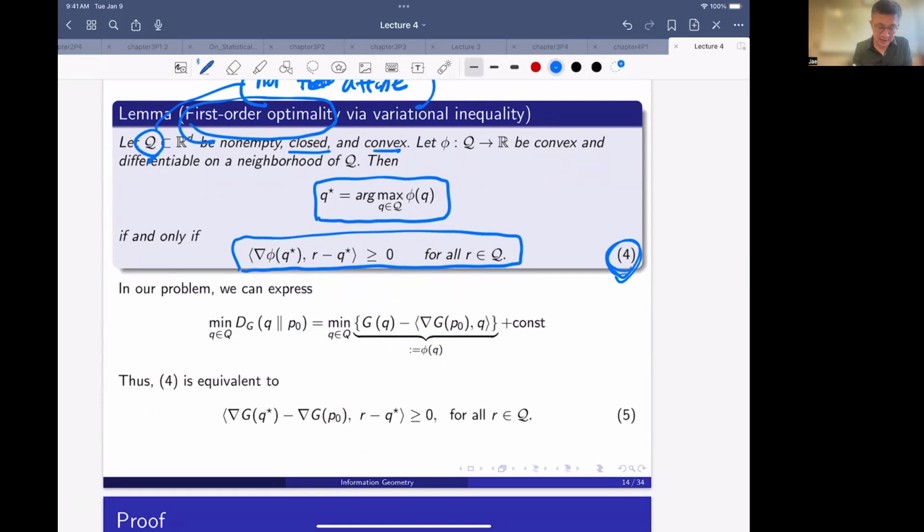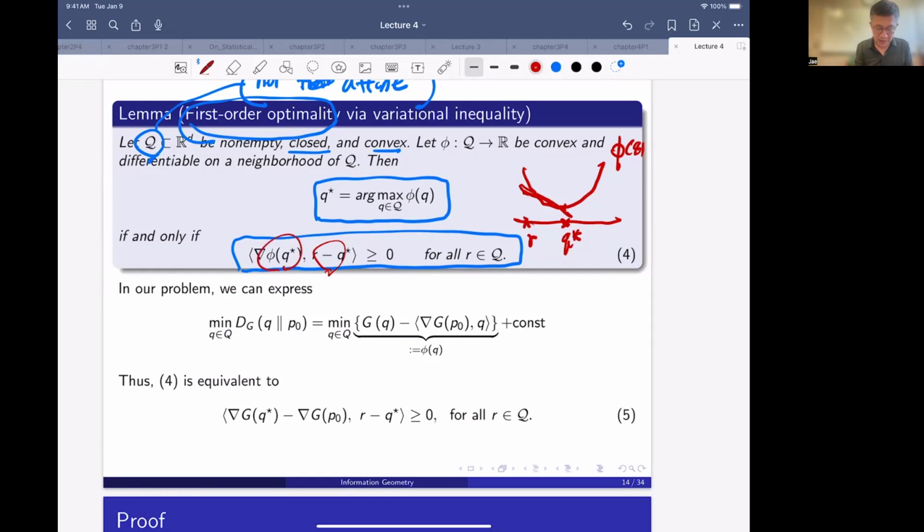This actually makes intuitive sense. Suppose you have a convex function phi of q, and this is more like p star, minimizing whatever, q star. Suppose your r is here. Then the slope will be negative, and r minus q will also be negative.